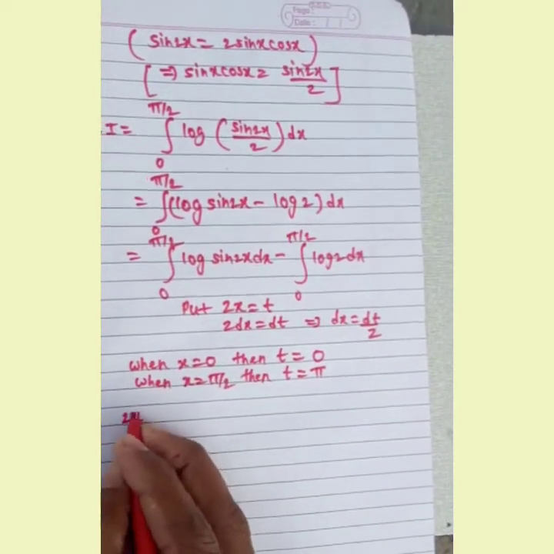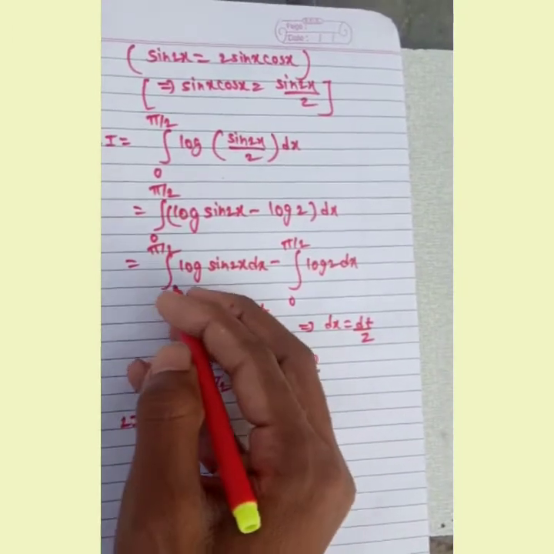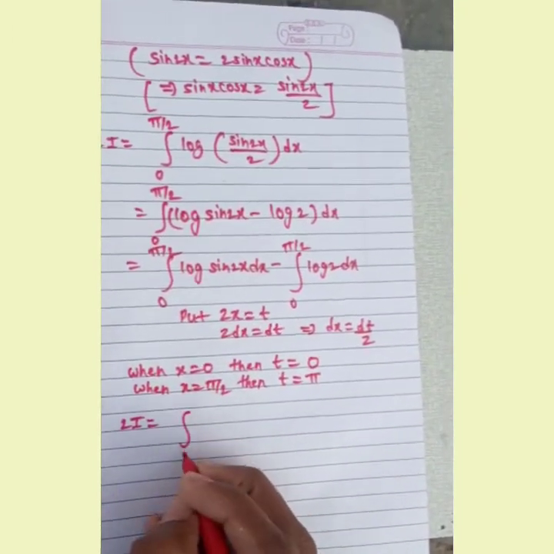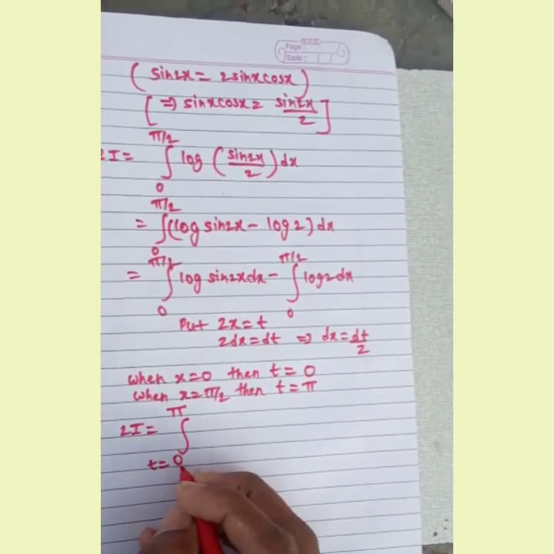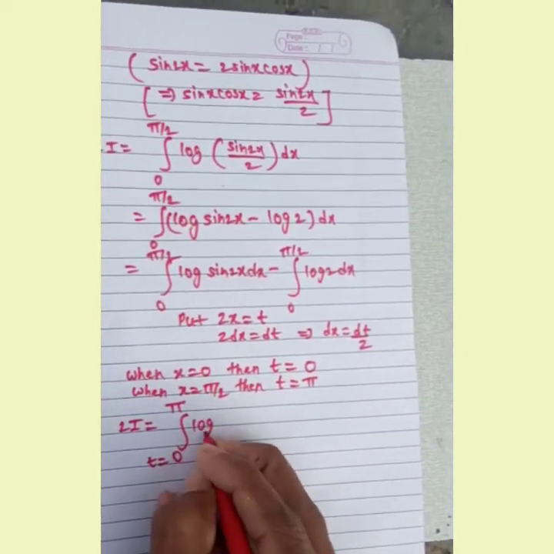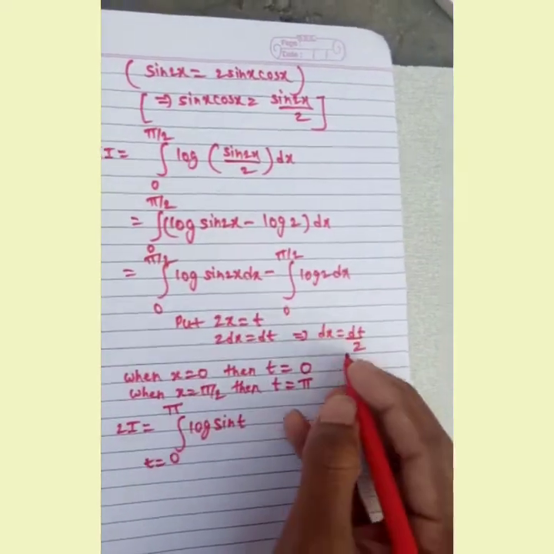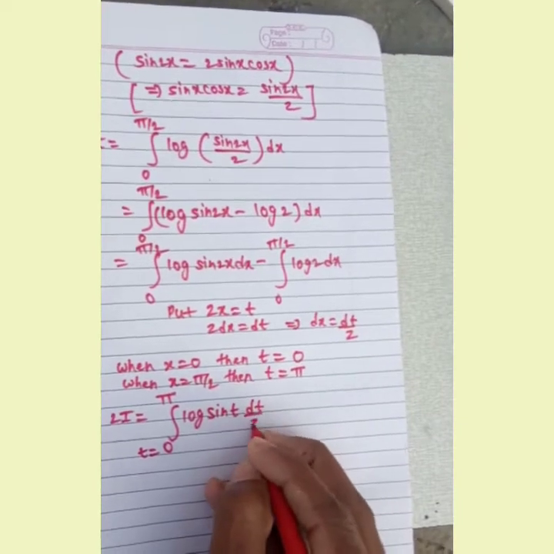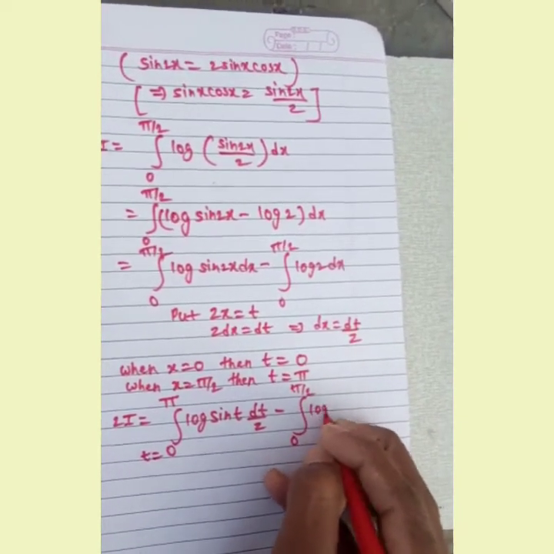So after substituting these changes in our given integral, we will get integration from 0 to pi, as t varies from 0 to pi, of log sin t into the value of dx, which is dt by 2, minus integration from 0 to pi by 2 of log 2 dx.